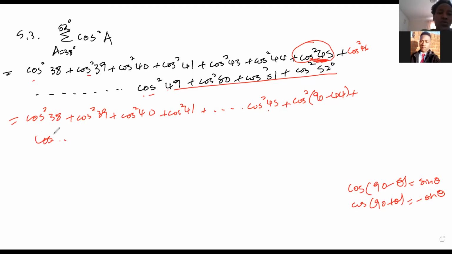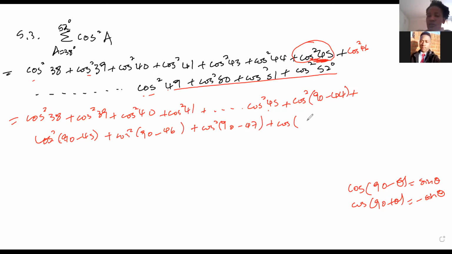Let's just add those: cos squared 90 minus 45, cos squared 90 minus 46, plus cos squared 90 minus 47, plus cos squared 90 minus 48, plus cos squared 90 minus 49, plus cos squared 90 minus 50.